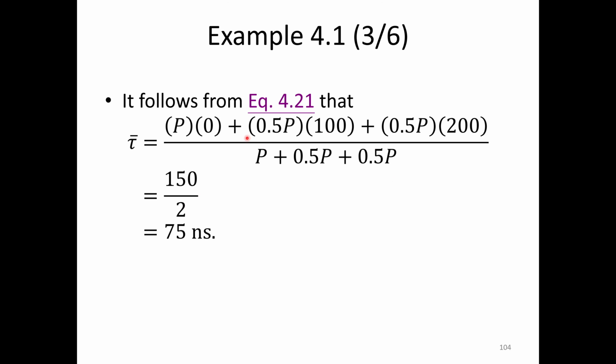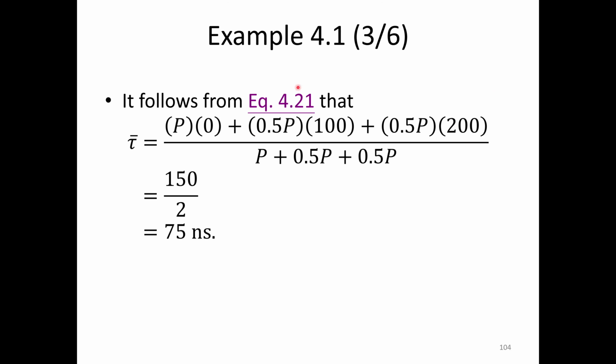In the numerator, the first term is equal to 0, the second term is equal to 50P, and the third term is equal to 100P.